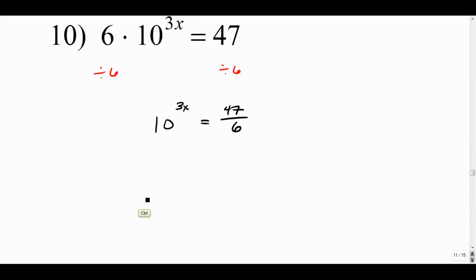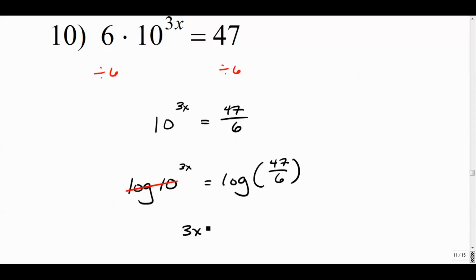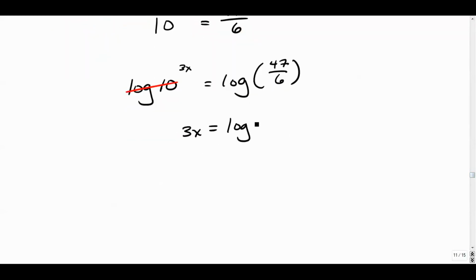Log base 10, I don't actually need to write the base because it's understood to be 10. So we'll take the logarithm of both sides. Log base 10 of 10 cancels, and we're just left with 3x equals the right-hand side. So x equals log of 47 over 6, all over 3.